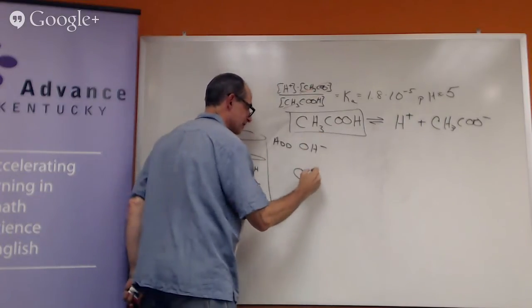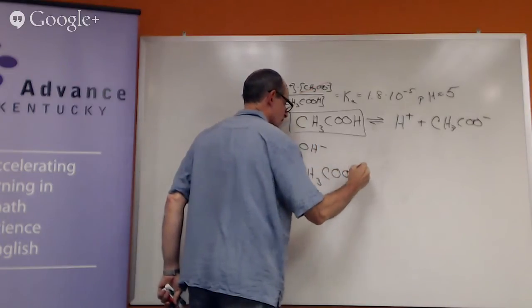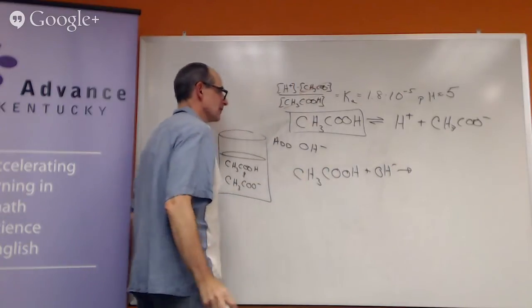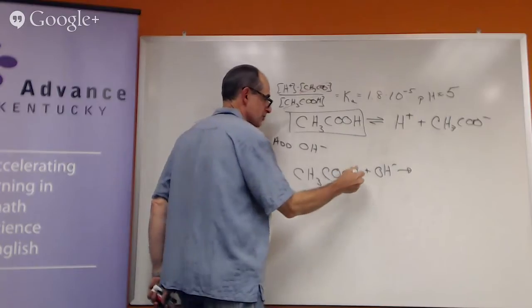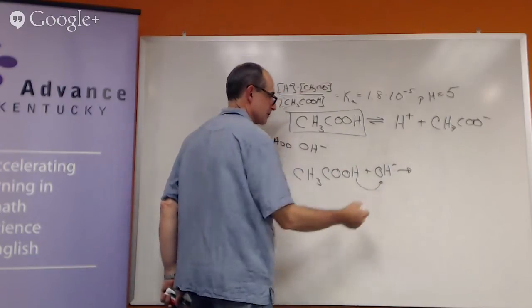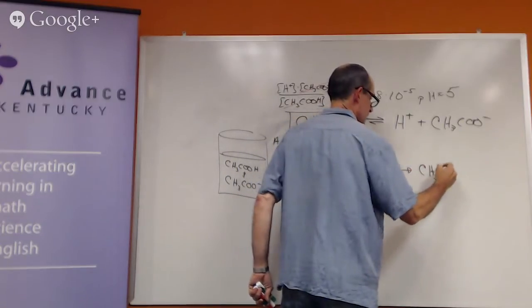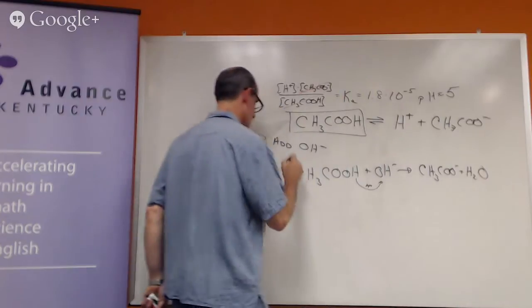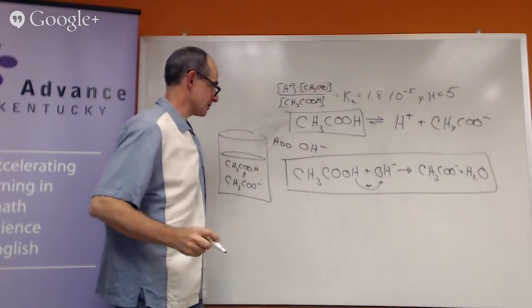So our reactants for this equation would be CH3COOH plus OH minus. And our products would be, well, this is an acid, it's going to lose a proton. This is a base, it's going to gain a proton. So we will get CH3COO minus plus H2O. And there is the net ionic equation.